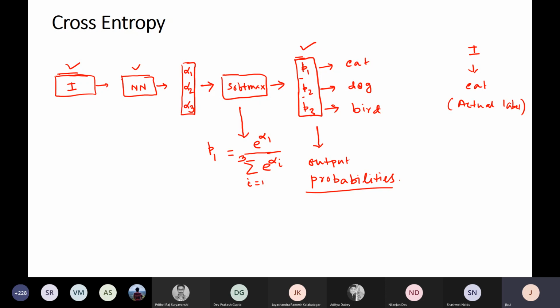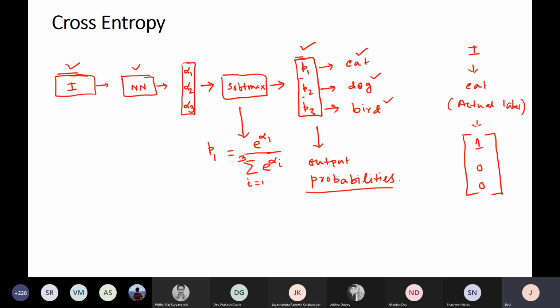So in order to do that, remember that I am getting a three-dimensional vector as output probabilities, so I have to convert the label also in this way. The way I have organized it, the first cell will indicate cat, second is dog, third is bird. So for a particular example, if the actual label is cat, then the corresponding gold standard will be 1, 0, 0.